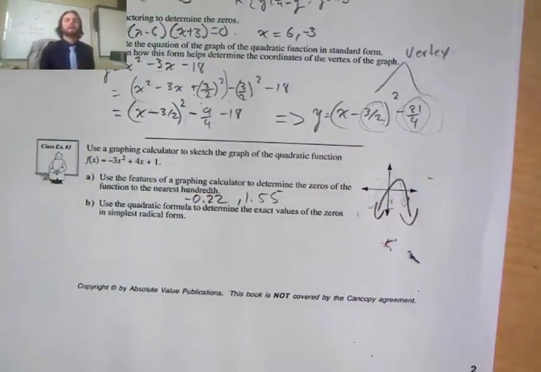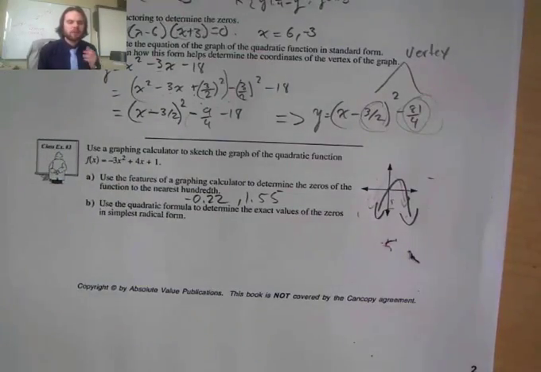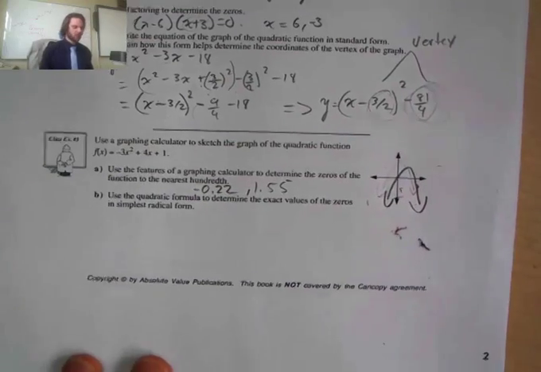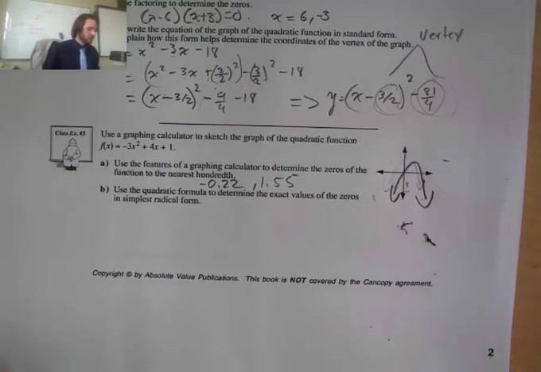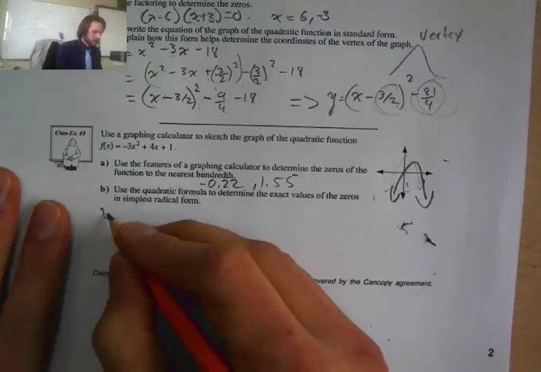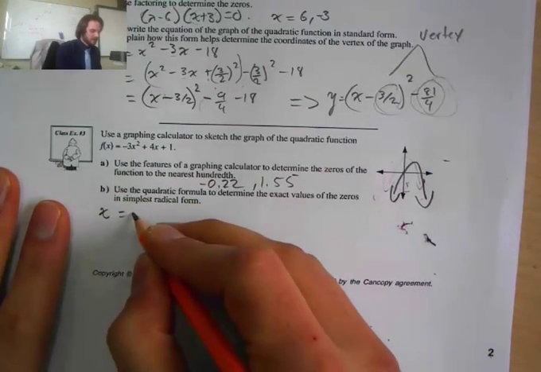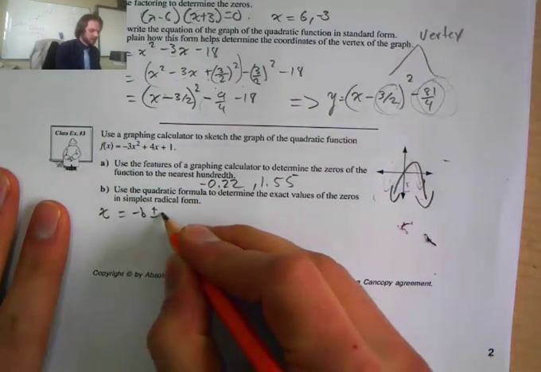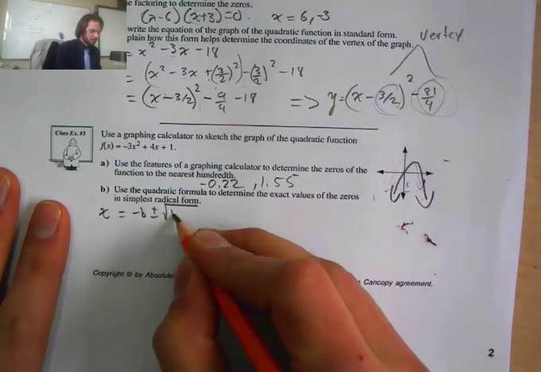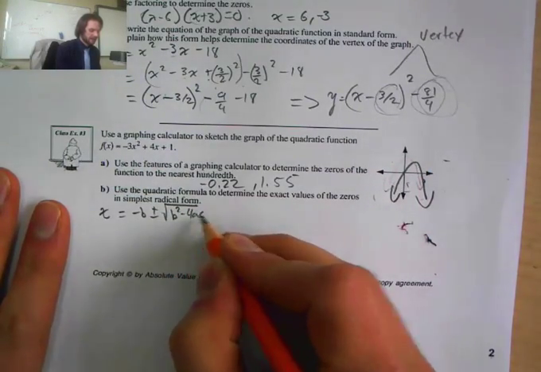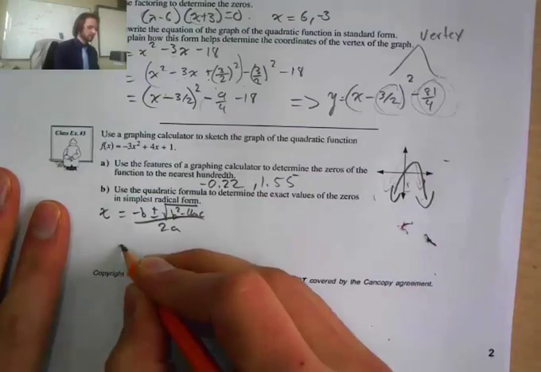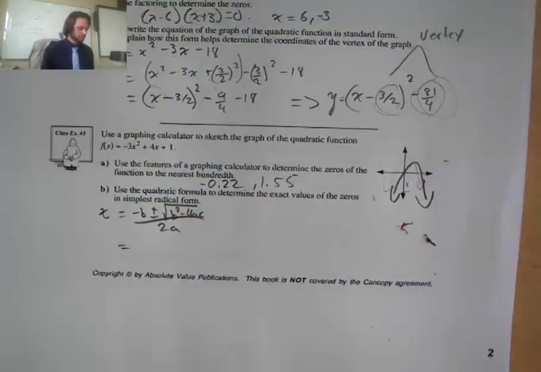Okay? Now, it says, use the quadratic formula to determine the values of the zeros. So now we're going to have to use the quadratic formula here. If you remember, the quadratic formula is x is equal to negative b plus or minus the square root of b squared minus 4ac, all over 2a.